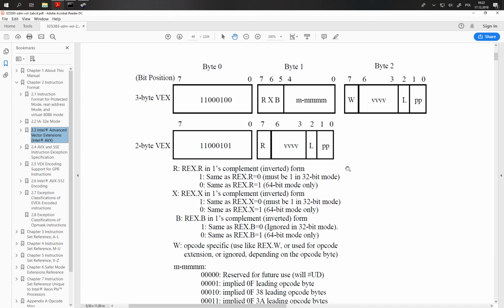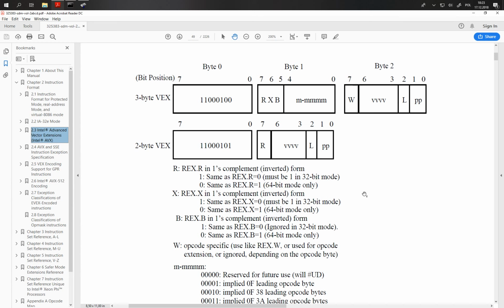So the brilliant idea they had was to put this RXB up here and then invert them. So where in REX, R was 1, now in VEX R must be 0 and vice versa. And in 32-bit legacy mode, we are limited to using only the basic 8 registers.